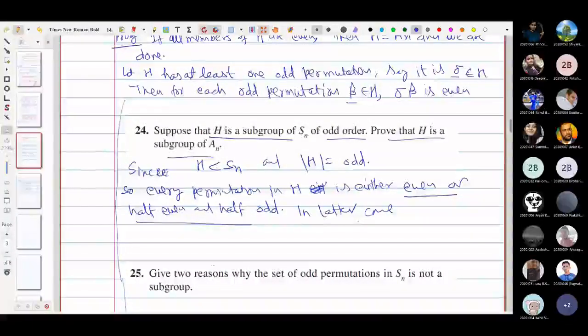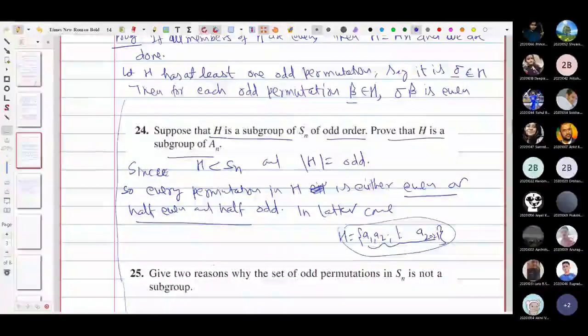if half even and half odd, what does it mean? It means we are able to break the number of elements into two parts. Understand? That means how many even number of elements there will be, only then can we divide into halves. Suppose I write elements a1, a2, up to, say, 2021. This is an odd number. Can you bifurcate it into two parts? No, not exactly. You cannot. So the number of elements should be even here.